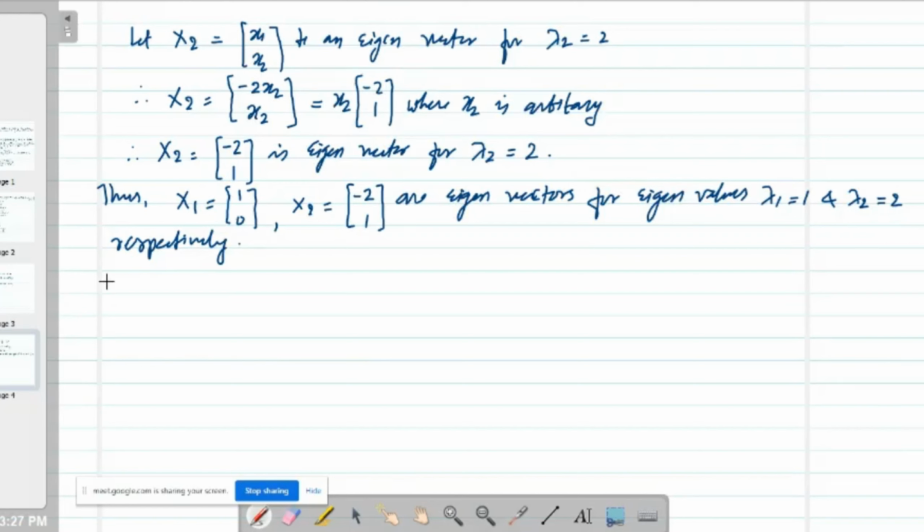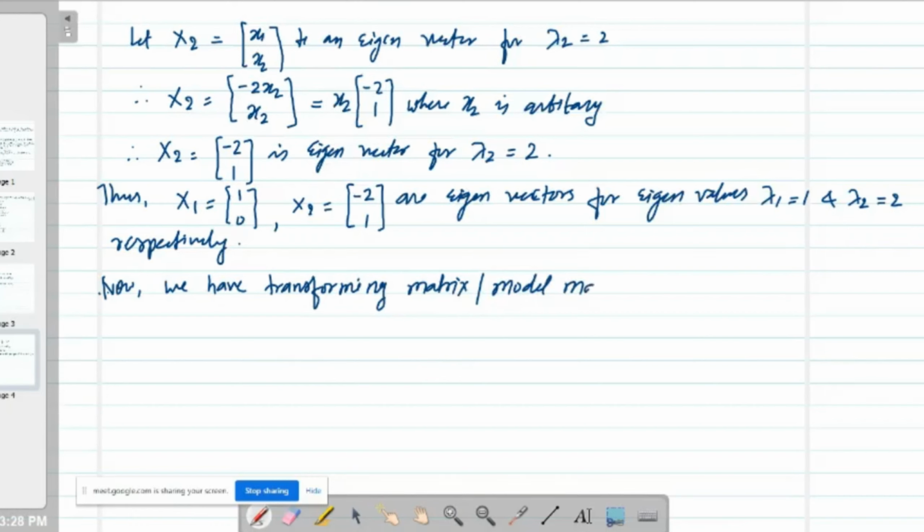Now therefore we have the model matrix, or you can say the transform matrix, or transforming matrix. इसको आप मॉडल मैट्रिक्स भी बोलते हो, ट्रांसफॉर्मिंग मैट्रिक्स और मॉडल मैट्रिक्स.